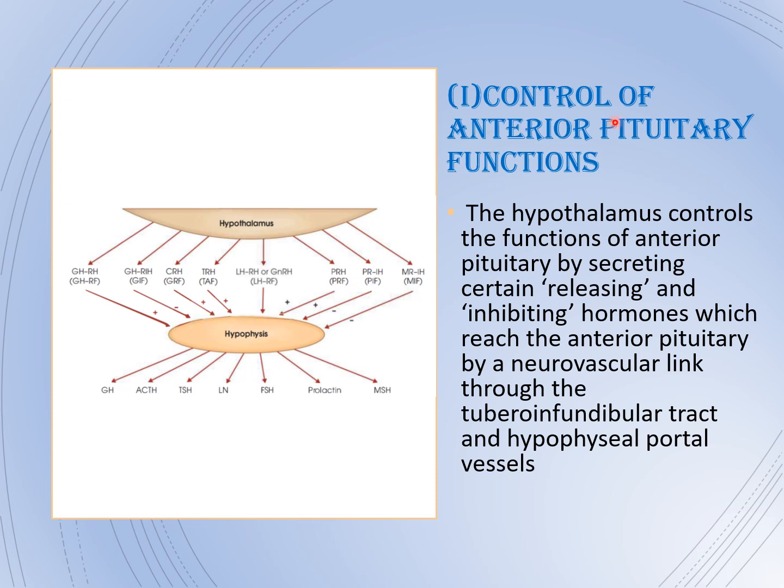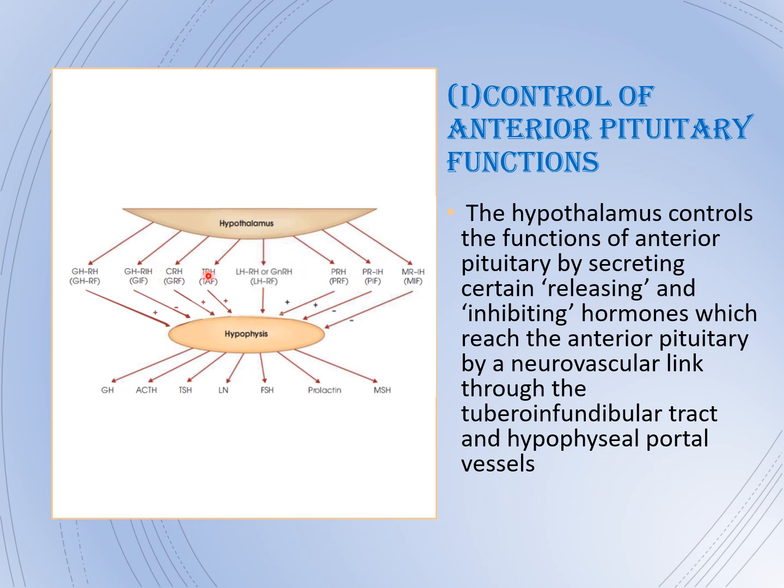First of all, control of anterior pituitary function. The hypothalamus controls the functions of the anterior pituitary by secreting certain releasing and inhibiting hormones which reach the anterior pituitary by a neurovascular link through the tuberoinfundibular tract and hypophyseal portal vessels.